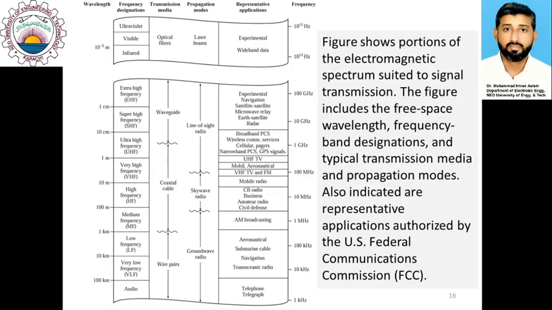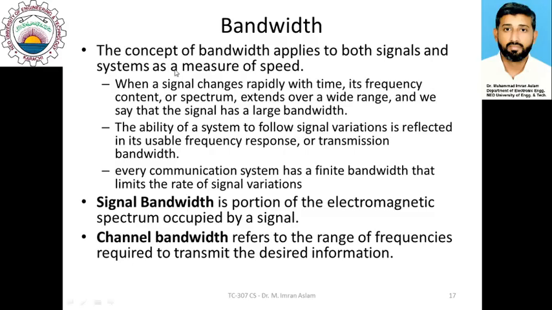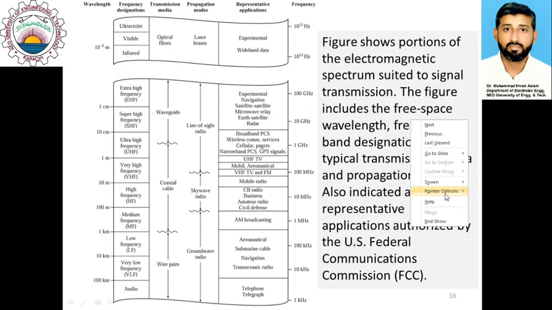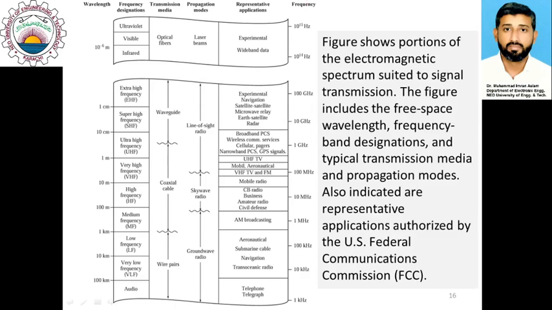So this is an illustration of the application that we use in communication systems. At the left side, this diagram represents wavelength, and at the right side, this diagram represents the frequencies. For each frequency, these illustrations show the band of the spectrum that we have, and the type of medium that is used in that particular band.